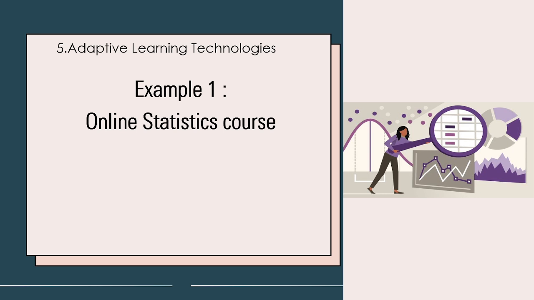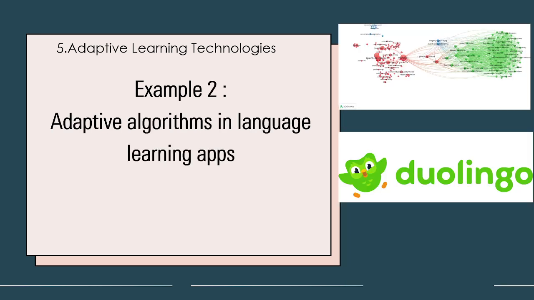Another example is language learning apps like Duolingo, which use adaptive algorithms to track performance and adjust the lessons and difficulty accordingly. These personalized experiences keep students engaged and prevent frustration by ensuring that they receive the right level of challenge.